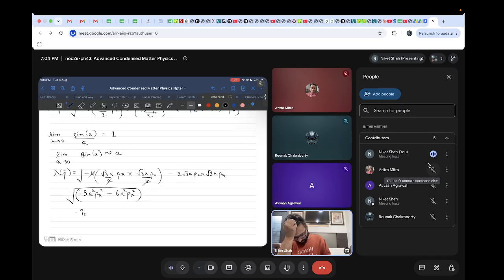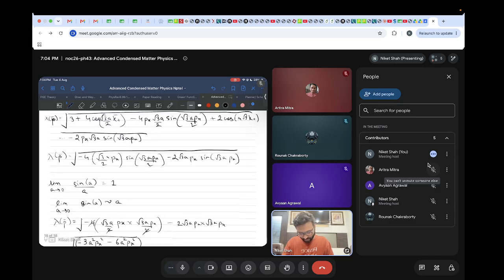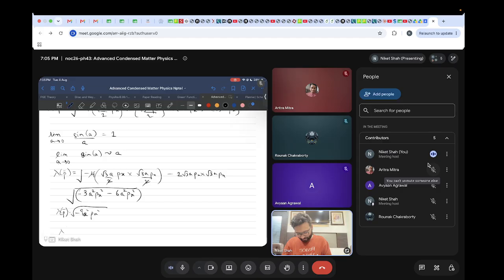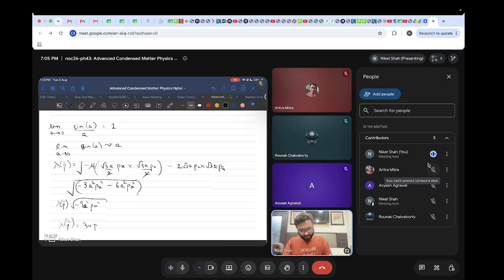Basically 9a square px square under the square root, lambda of p is equal to. Somehow, if the overall sign problem is solved, I simply get lambda of p is equal to 3a p, because the square root of px square will become p, so it gives me a linear dispersion.